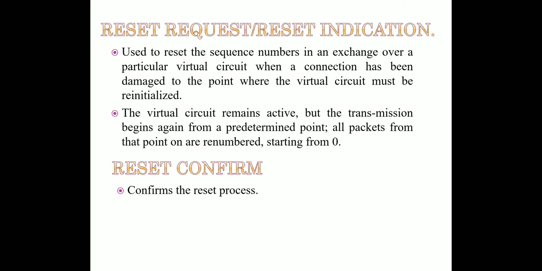The virtual circuit is the same virtual circuit, it is just reinitiated, and all the packets are renumbered, reset to 0. That's why it's called a reset request. As I said, the virtual circuit remains active, but the transmission begins again from a predetermined point, and all packets are numbered from 0. Then to confirm this packet, we send the packet reset confirm.